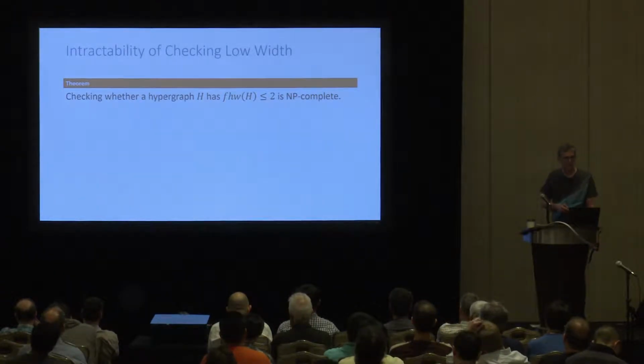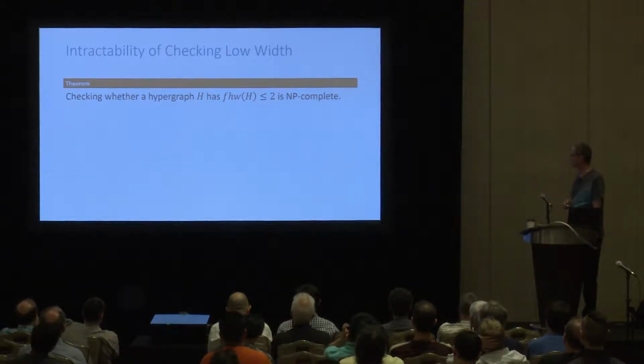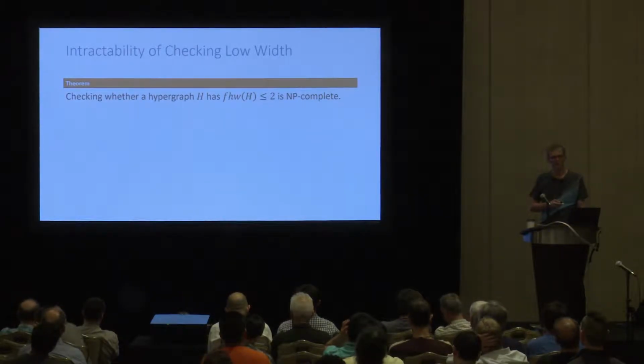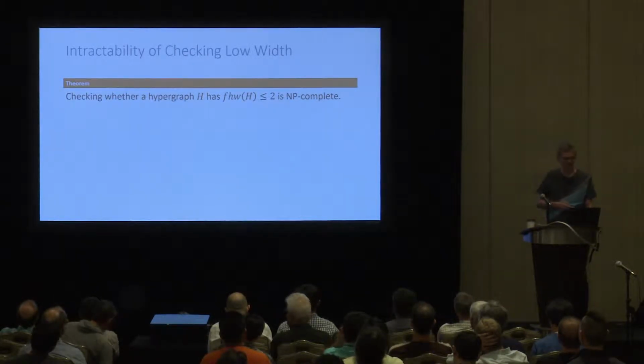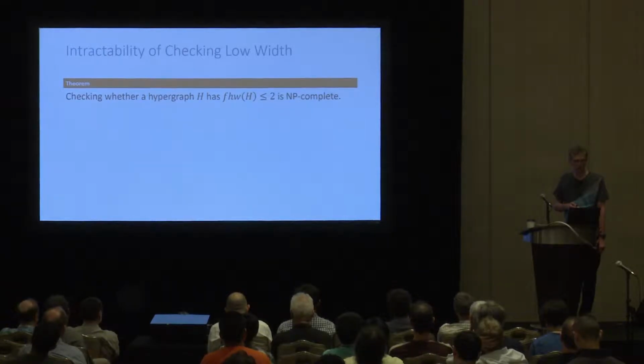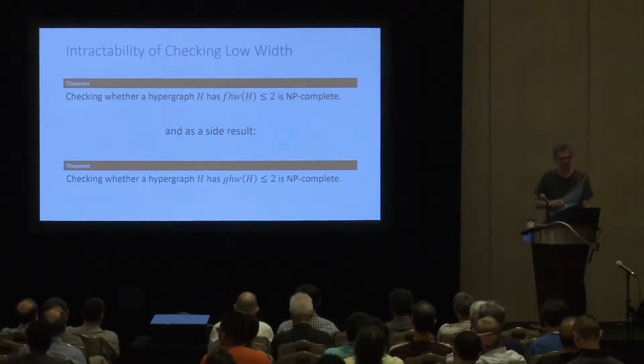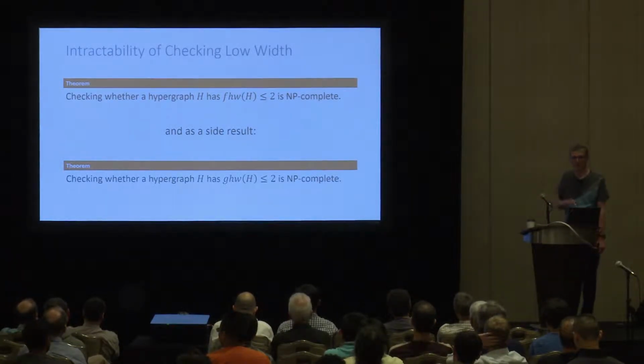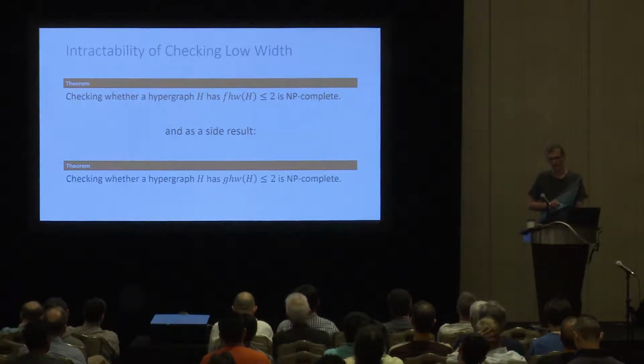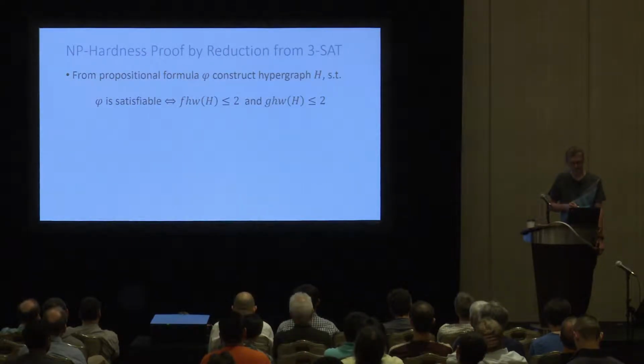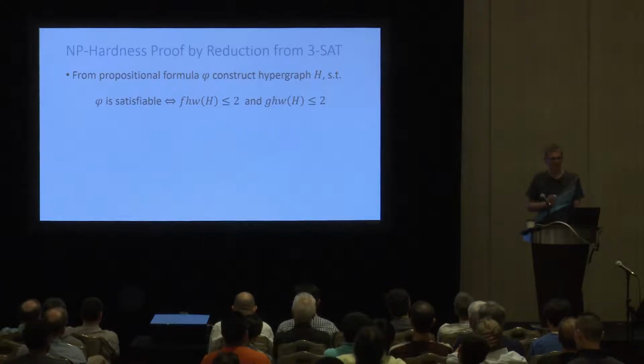So the first main result of our work is to close these gaps. We prove that the check problem for fractional hypertree width is NP-complete for k equals 2. And as a side result of this proof, we also close the special case of k equals 2 for generalized hypertree width. This NP-hardness proof is very technical, so don't be afraid.